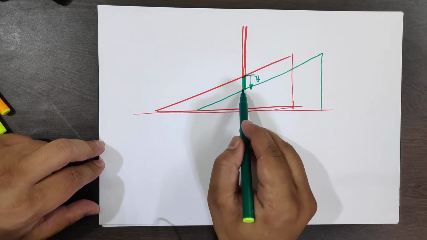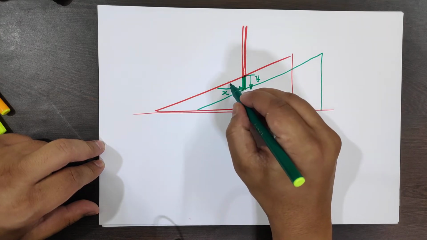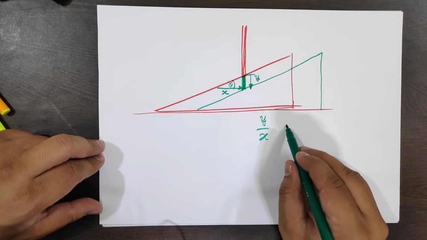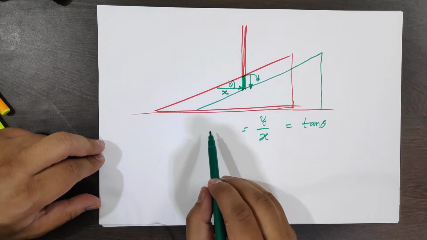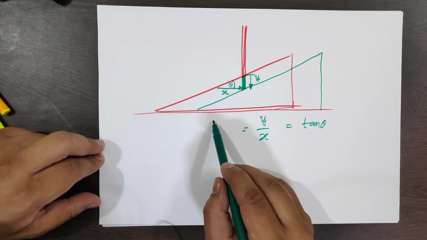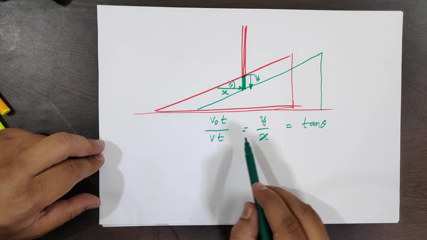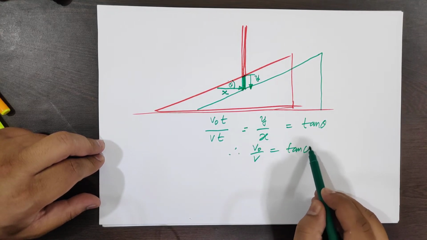Suppose this is y, and the displacement of the wedge is x, and this angle is theta. So y divided by x is equal to tan theta. If you take a small displacement, y is equal to V0 into t, and x equal to Vt. So there you get V0 by V equal to tan theta.